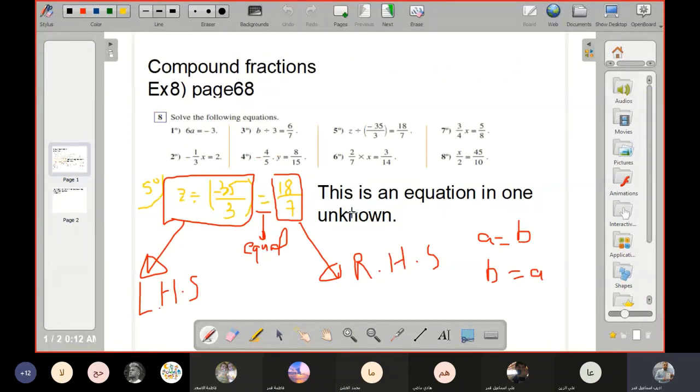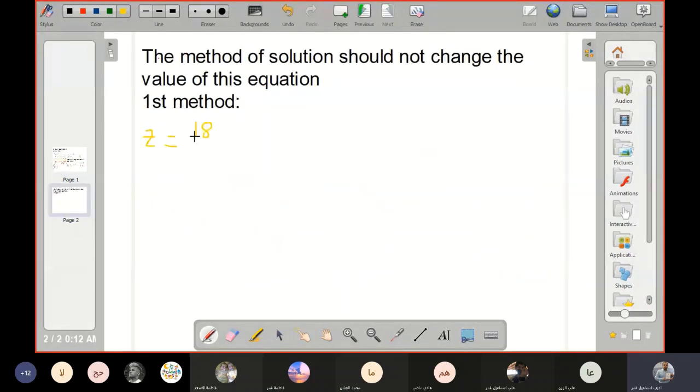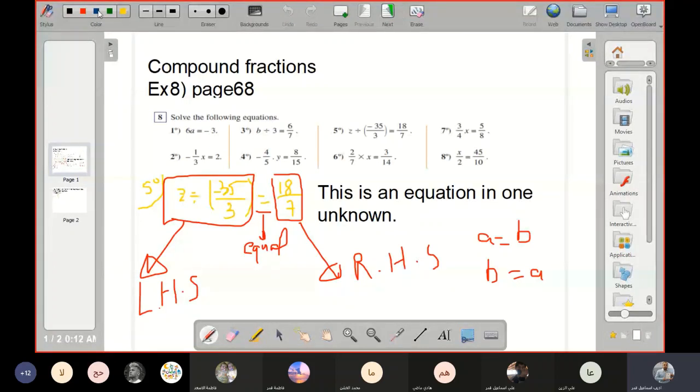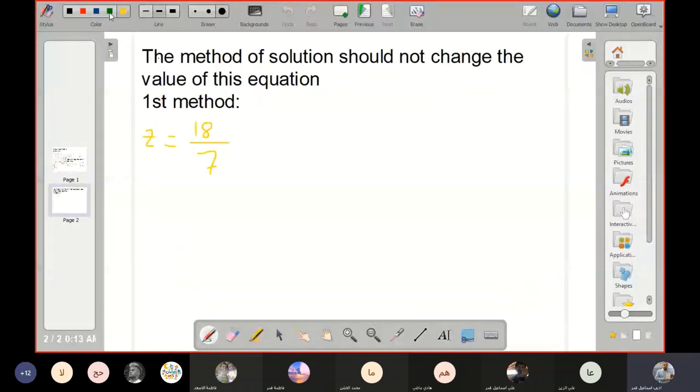I keep it like it is, 18 over 7, and I'm going to take this minus 35 over 3, which was in the denominator, to the other side, and it becomes times minus 35 over 3. In this case, I didn't change the value of the equation. I'm just performing it to find the value of the unknown.